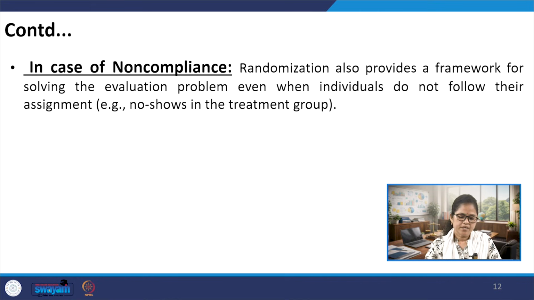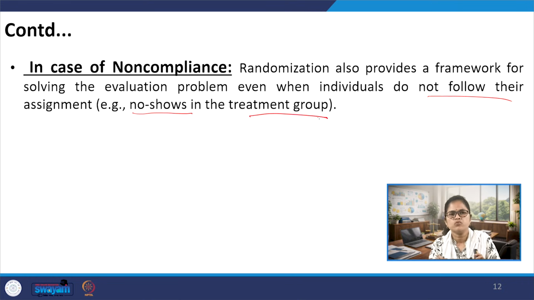In case of non-compliance, randomization can still work. That means randomization can provide a framework for solving the evaluation problem even when the individuals do not follow their assignments.